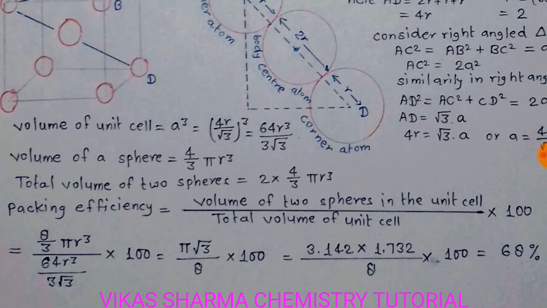Packing efficiency is equal to the volume of two spheres in the unit cell divided by the total volume of the unit cell, then multiplied by 100. The volume of two spheres is 8/3 pi r cube, divided by the total volume of the unit cell, 64r cube divided by 3 root 3. So student, the answer is 68%.